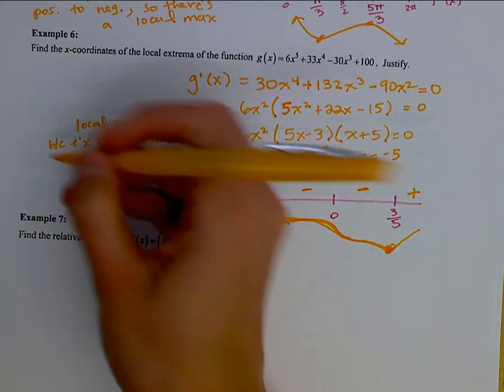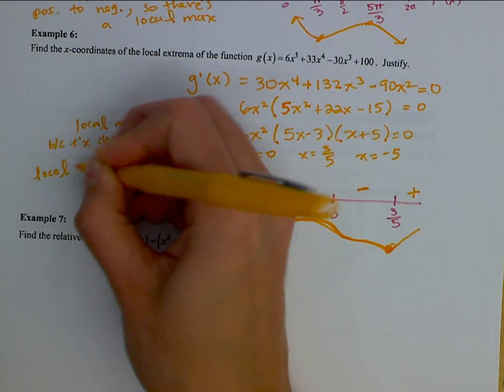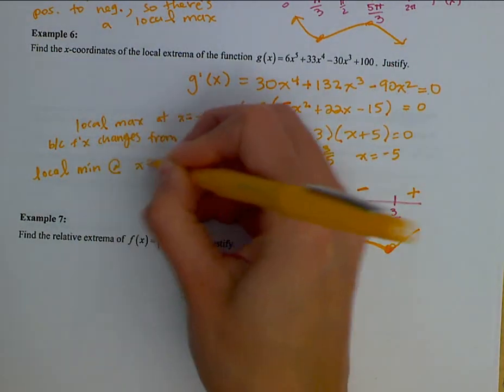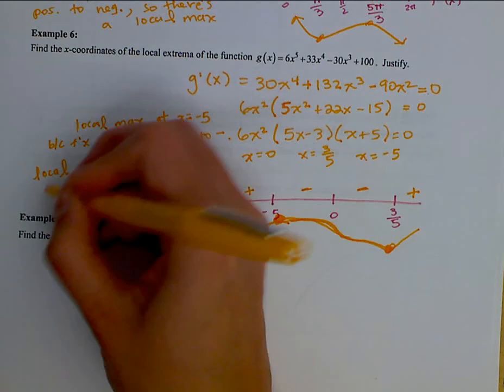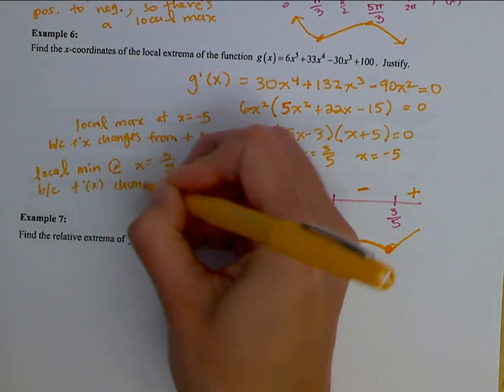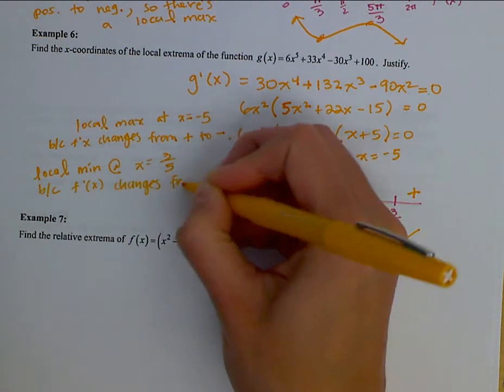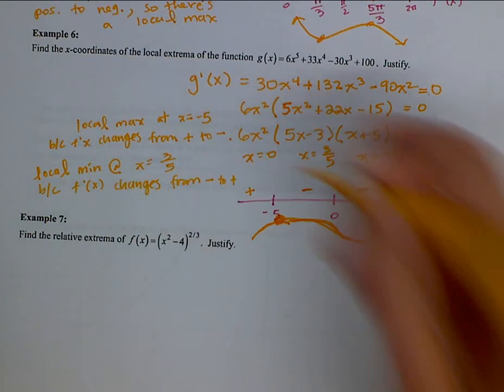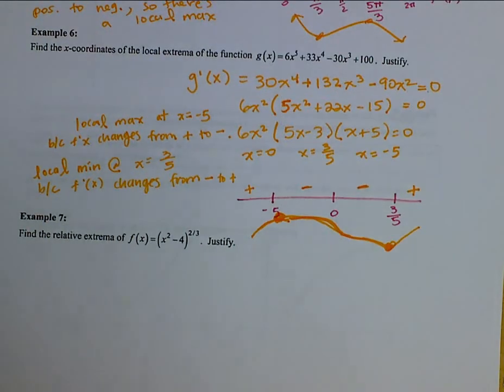And there's a local min right here at x equals 3/5 because f prime of x changes from negative to positive. Cool.